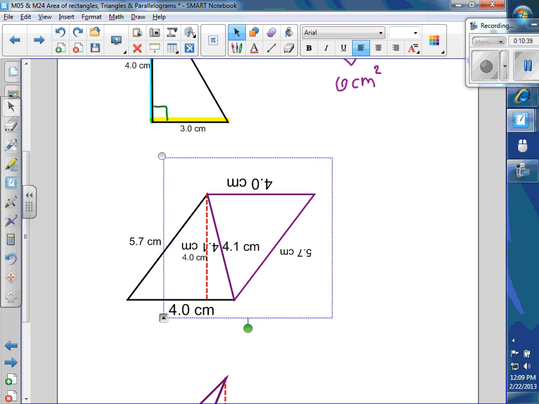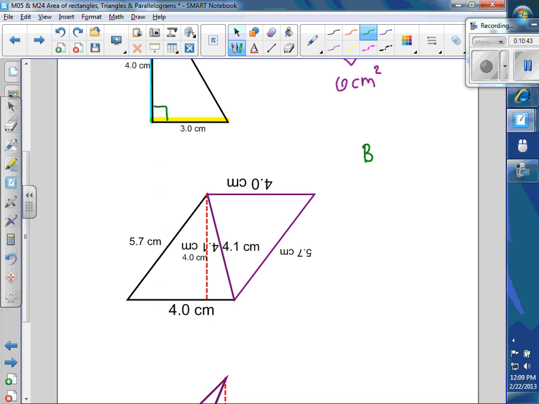So remember, the area of a parallelogram was still base times height. But in this picture here, we find the base. It's 4 units. And if we look for the height, we're looking for where that square angle is.